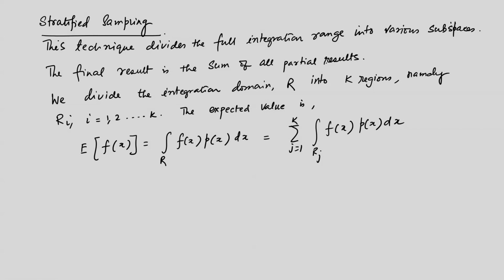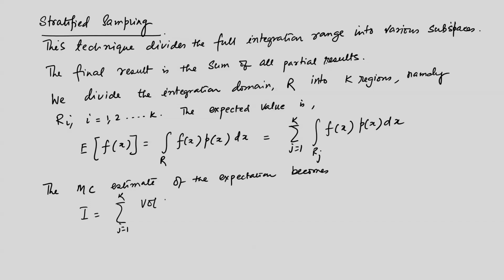Okay. So, the Monte Carlo estimate, we call it just MC. So, the MC estimate of the expectation becomes I equal to the sum over j equal to 1 to k of the volume of the jth subspace. This Nj is the number of sampling points in the jth subspace, and then the sum over i equal to 1 to Nj of f of x i.